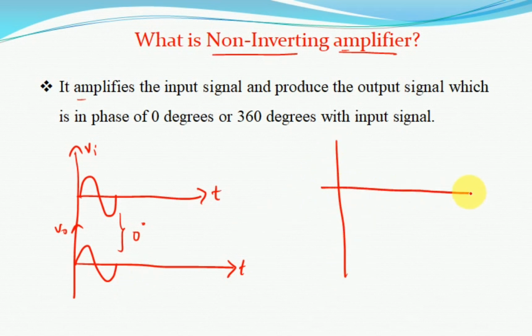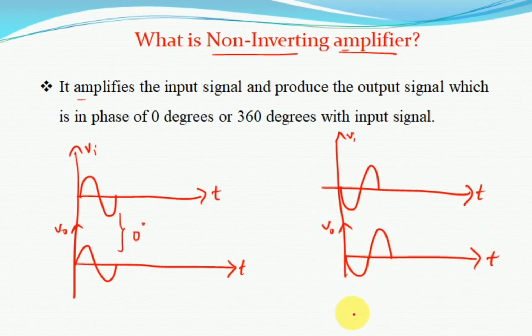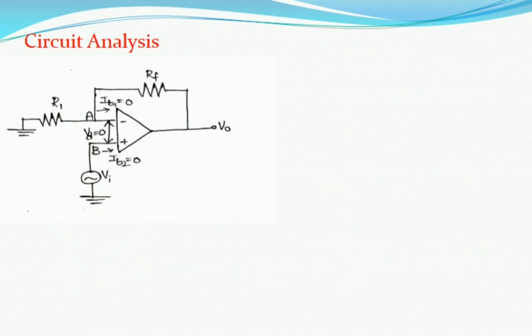If you consider the other case, if the input starts like this, then the output of a non-inverting amplifier circuit will be like this. So from this we can say that there exists a 0 degree or 360 degree phase shift between the input and output signal. Now let us discuss the circuit of a non-inverting amplifier.